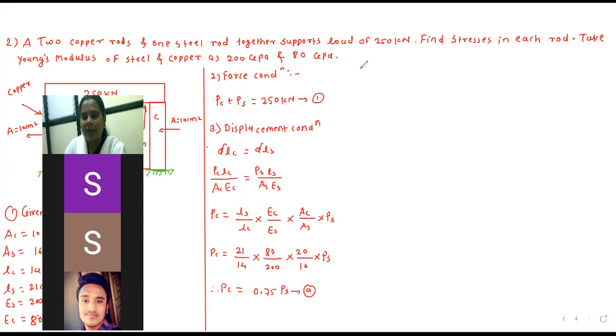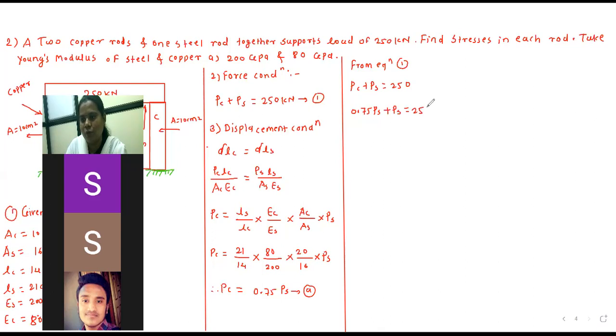Now we will find out forces. From equation 1, PC plus PS is equal to 250. Now we will put the value of PC. So 0.75 PS plus PS is equal to 250.